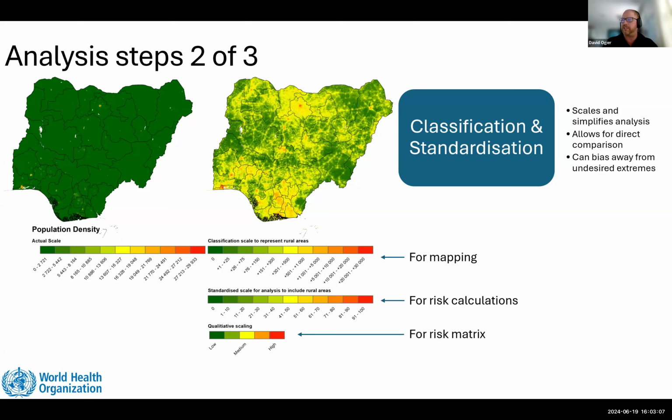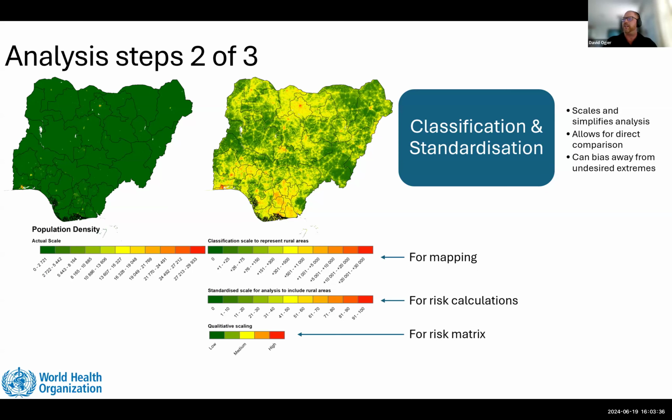So one thing that I like to do is define a classification that highlights the areas that I do need to be cognizant of. So in this case, I need to look at a lot of the rural areas because there are people there too. So I use a classification method, either Jenks classification or something that represents the majority of the spatial area, such that you are able to take it into account.